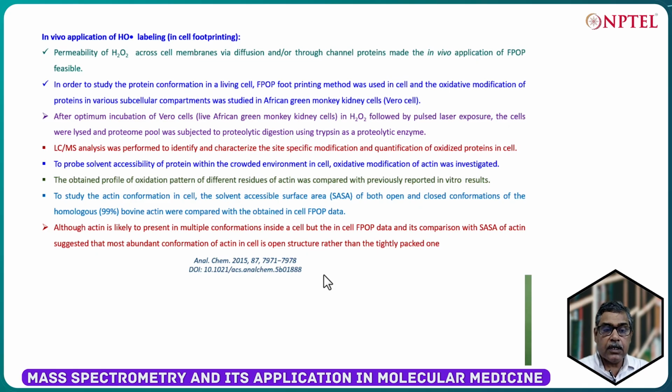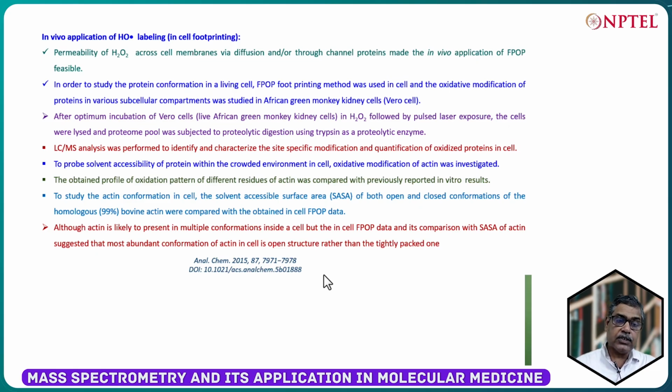Now, as I said, the obtained protein profile of oxidation pattern of different residues of actin was compared with the previously reported in vitro result. That is always the basis. We have seen a similar event in case of in vivo hydrogen deuterium exchange based mass spectrometry. There, in fact, we compared the literature information that we got over the years from different scientists across the globe in the structural biology field, and then compared that in vitro result with the in vivo one that we had.